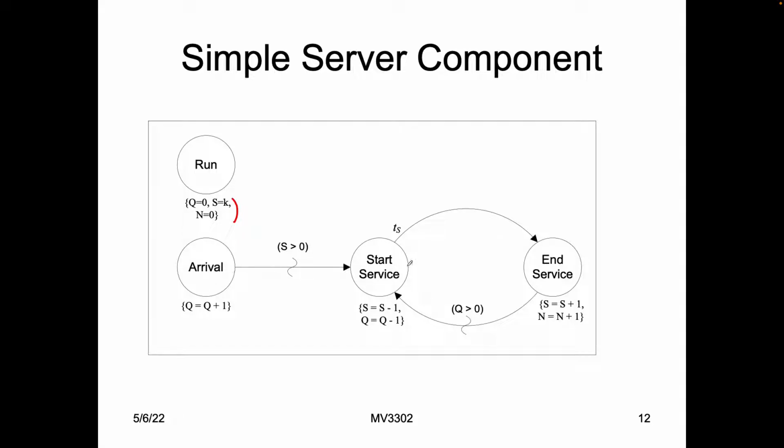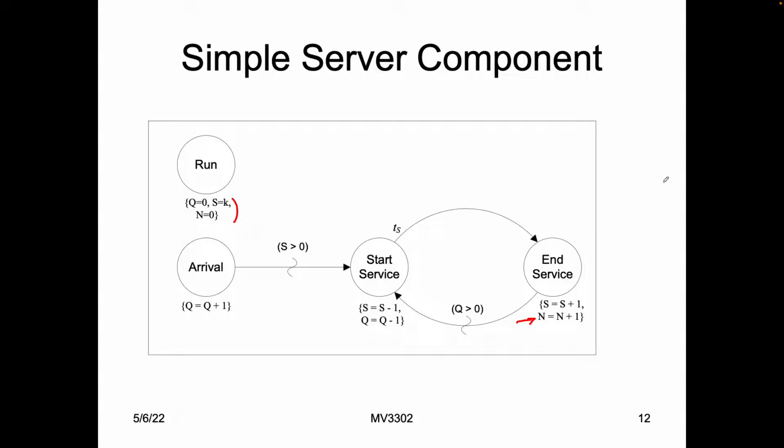The arrival, start service, and end service are all exactly the same as in our multiple server queue, with the exception that we have an additional state variable, the total number of service completions, which would only be incremented when we have an end service event. So the end service event is what the event graph captures as a service completion.